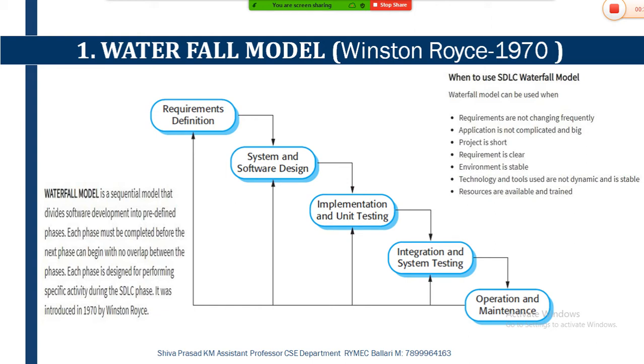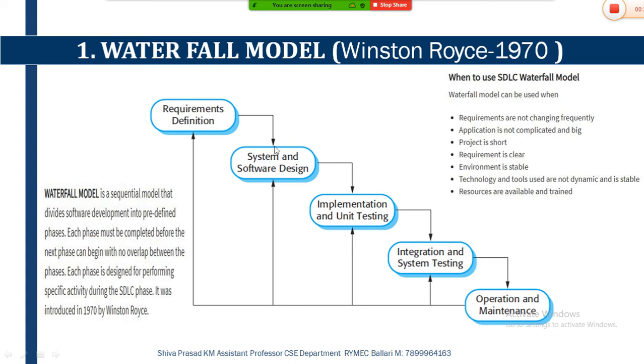What is the waterfall model? I said in the previous slide, the waterfall model is a sequential approach where each and every activity or step is represented as a separate phase, and each phase is interdependent on the others. Each phase which I have represented here, like first phase, second phase, third phase, fourth phase, and fifth phase, is interdependent.